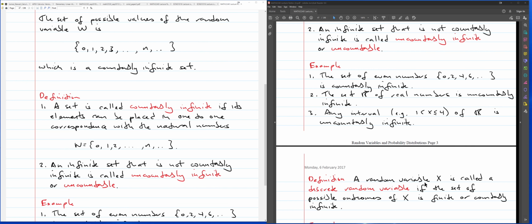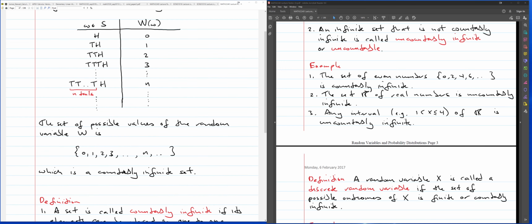random variable, we're going to have two types of random variables that we look at in this class. We're going to have discrete random variables and we're going to have continuous random variables. A discrete random variable is a random variable when the set of possible outcomes is finite.